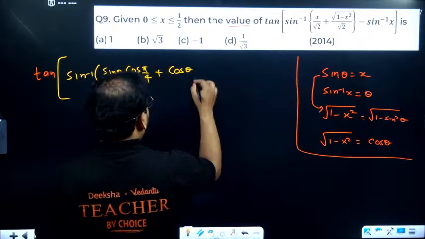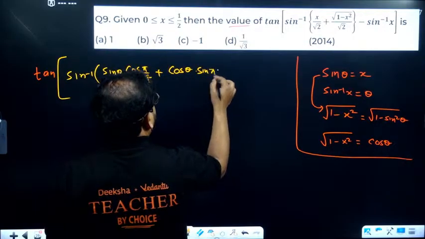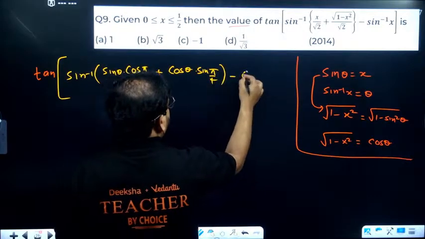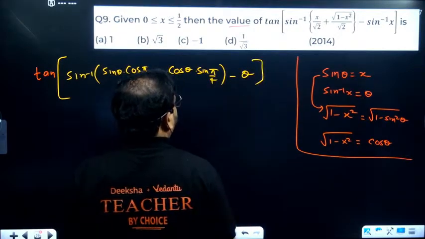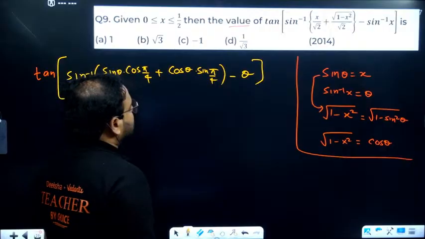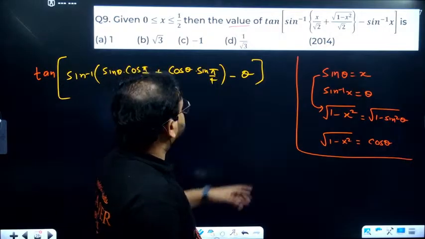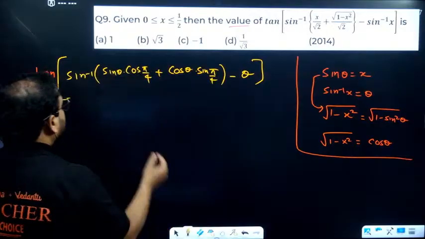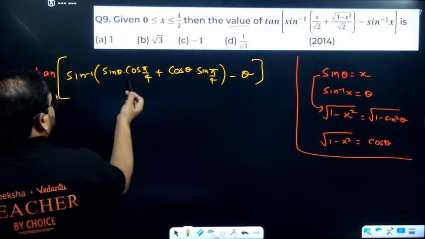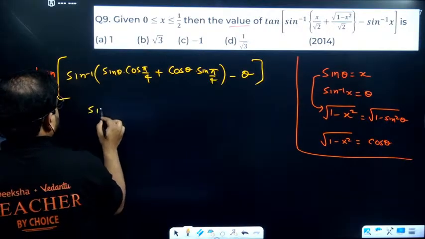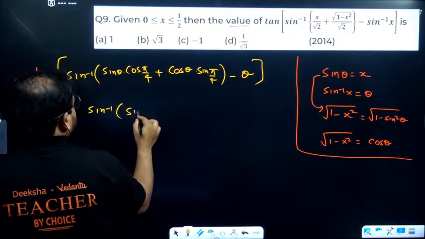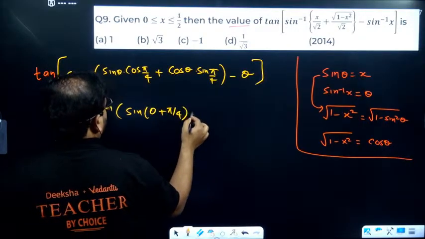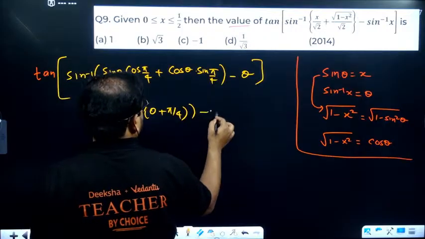And 1 by root 2 will become over here sine pi by 4. This is minus theta. Please check. This value is minus theta. Correct now? This is sine inverse, means theta. Okay. Sine of theta plus cos pi by 4 is coming from here. Sine inverse of sine theta plus pi by 4 minus theta.